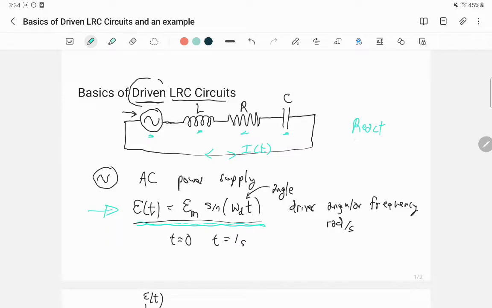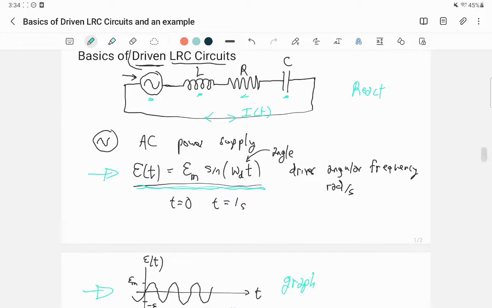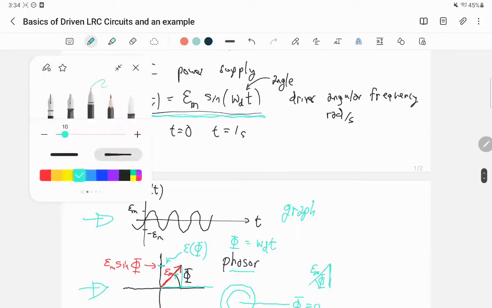So they have various reactances, or reactions, to having this driver try to push and pull on electric charge, or try to cause current to move around in the circuit. Here, I'm just going to tell you a basic fact.